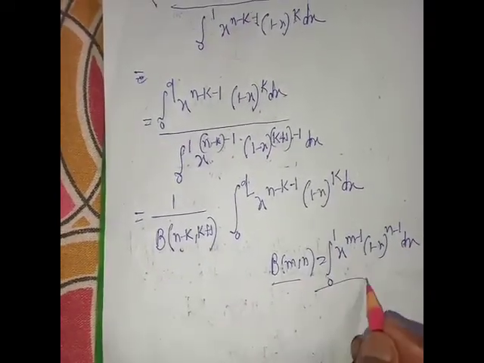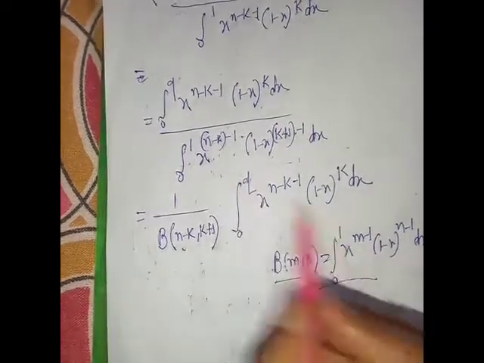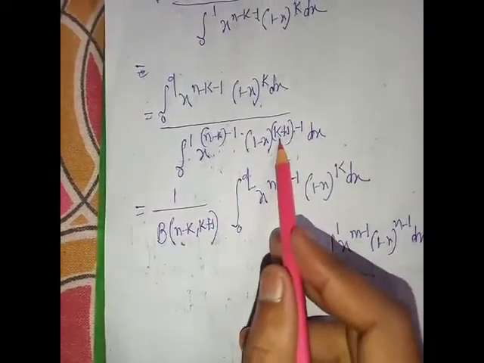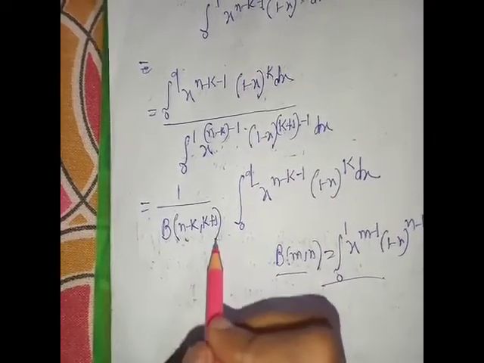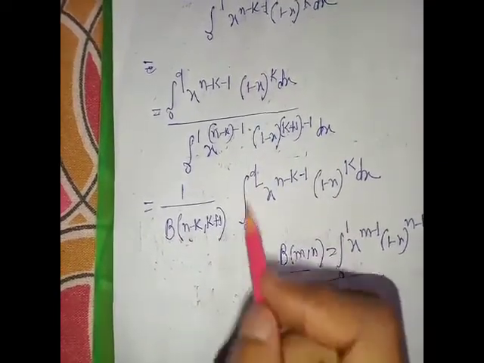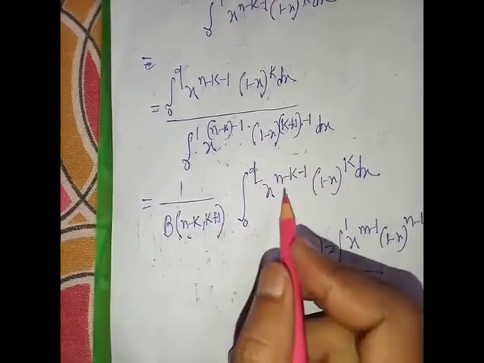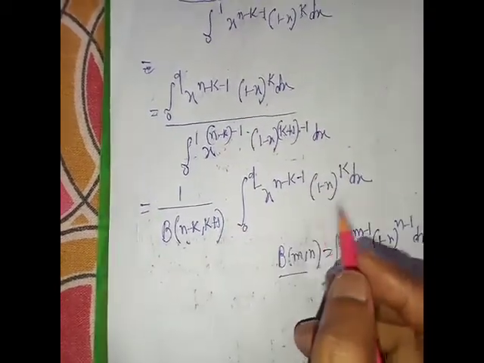This is the beta function. Here m is n minus k and n is k plus 1.